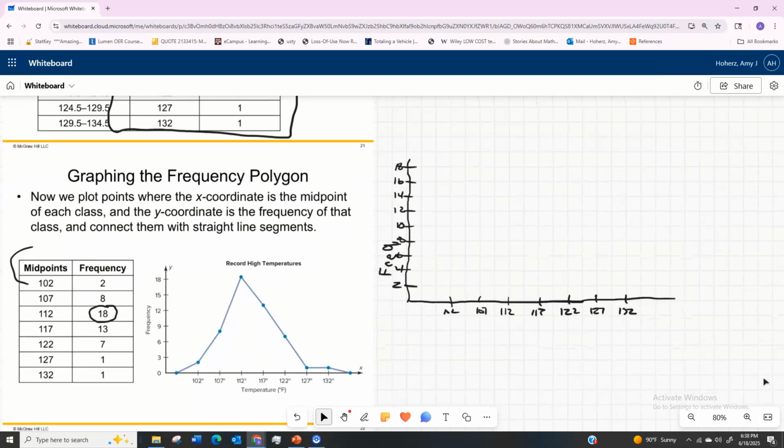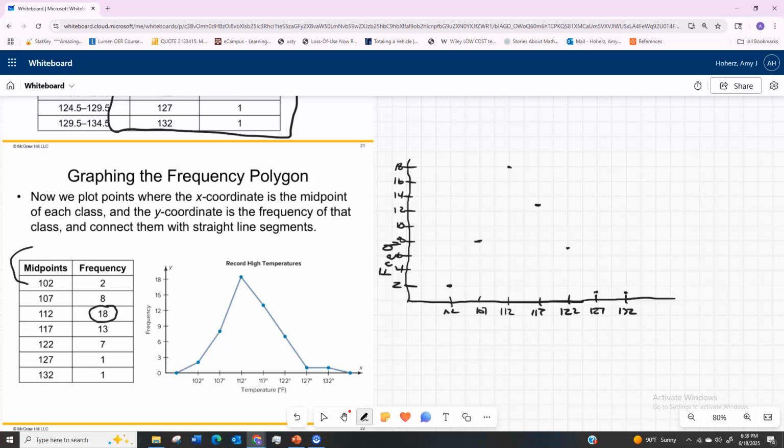And so in this case, our first dot is going to be at 102 at 2. And then 107 at 8. 112 will be at 18. 117 will be at 13. 122 will be at 7. 127 will be at 1, which again isn't even to the first mark because the first mark was 2, so it's only halfway to that first mark, and 132.